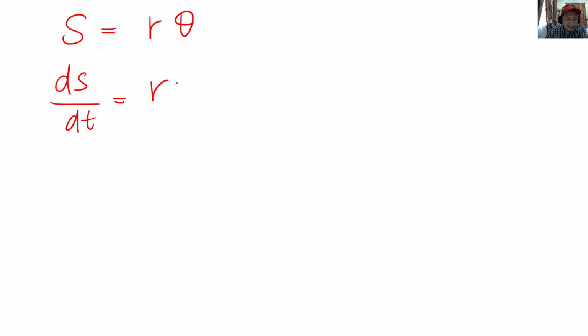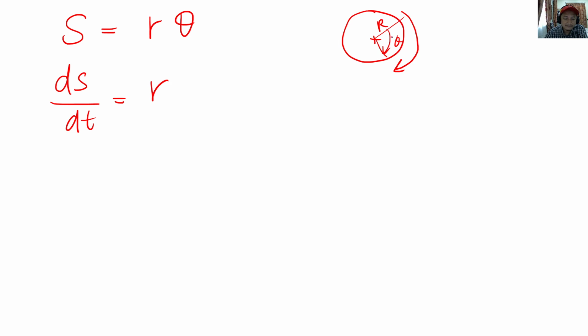So now we have established S is equal to r theta. So since we have established S is equal to r theta, you can do this one. ds over dt is equal to radius times d theta over dt. Radius doesn't change, theta changes. Why doesn't the radius change? It rotates like this, from a certain angle to a certain angle.